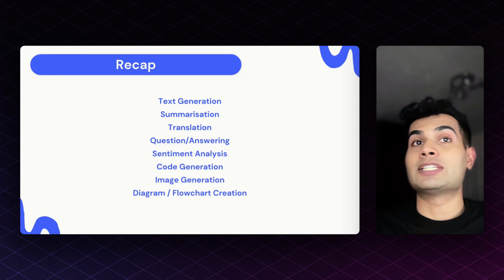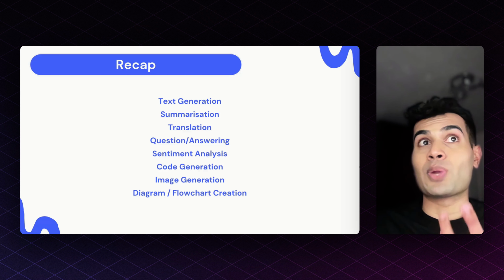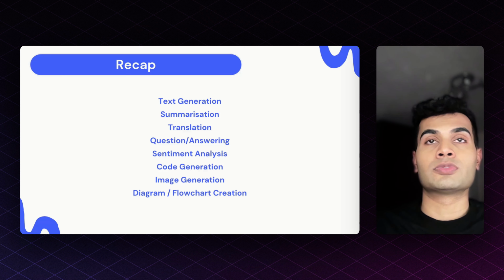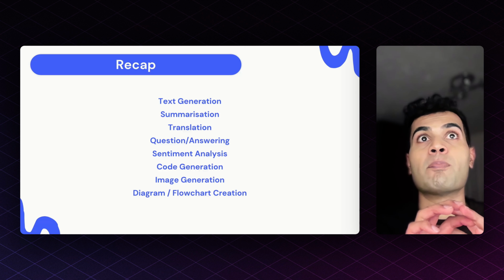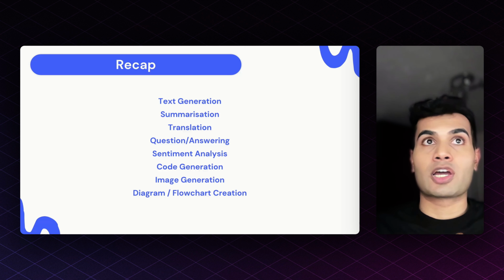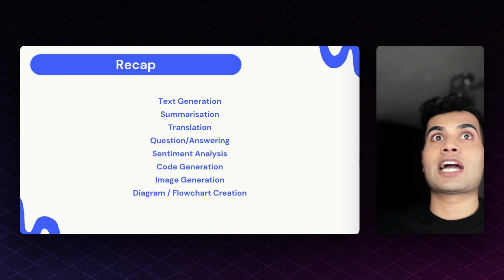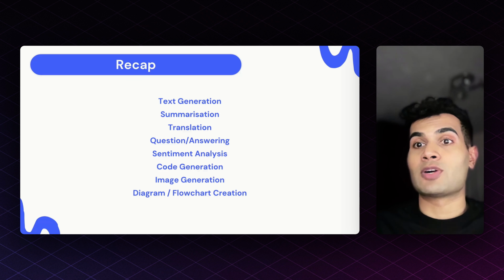Think of the power this brings to you as humans now, where you have tools doing this for you. Okay, so these are the 8 main and fundamental ways that you can see how powerful this becomes now.